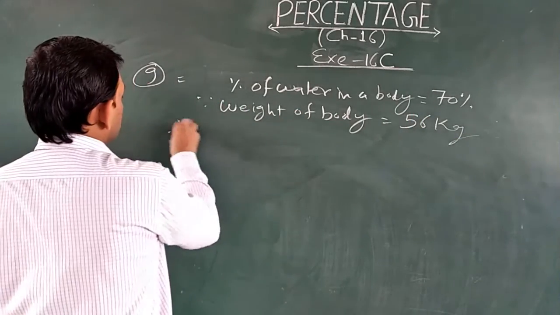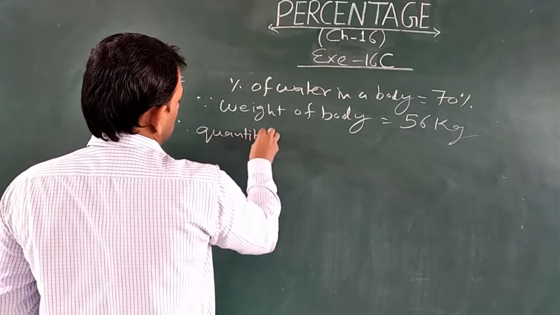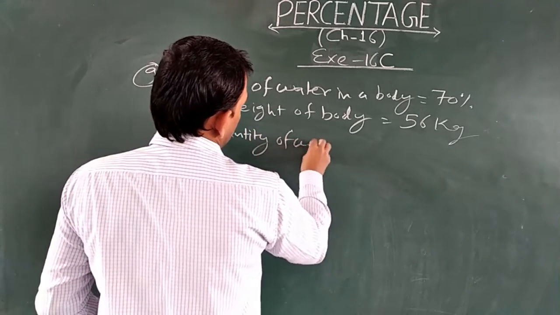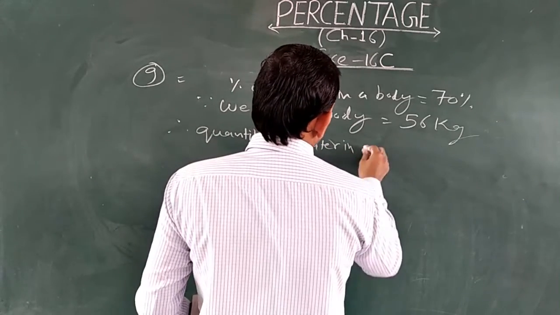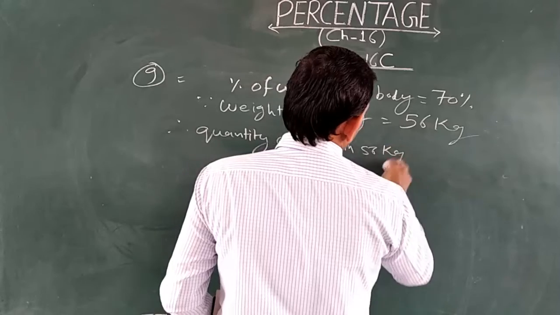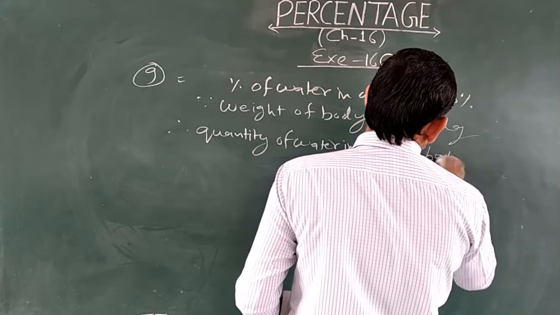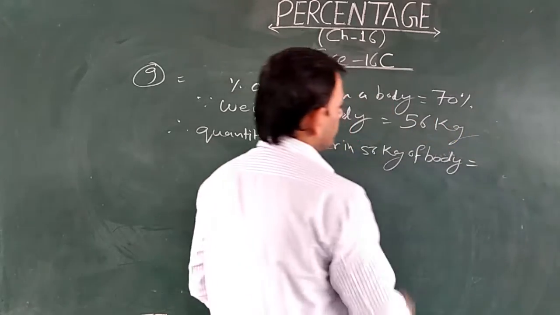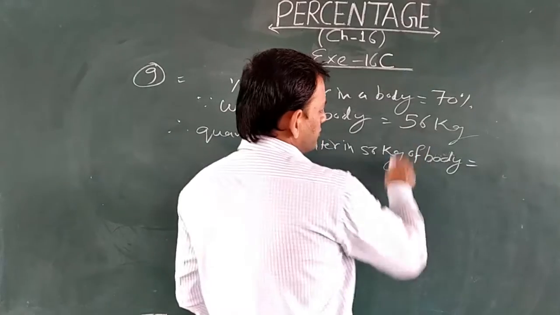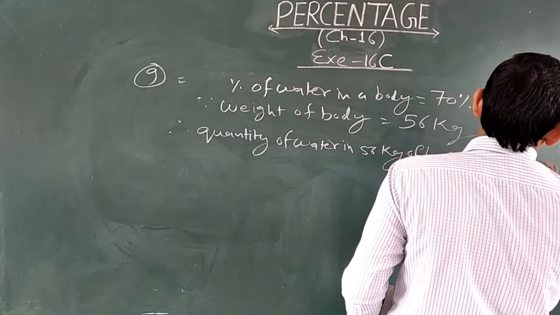So quantity of water in 56 kg of body is equal to, we will find the 70% of the 56. 70% of 56.